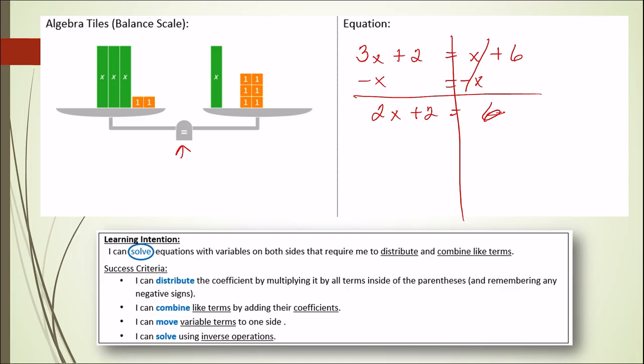Now move the 2, so minus 2, same thing on both sides. 2x is equal to 4, divide by 2, and you get x is equal to 2. So that's going through the steps, just like we talked about before.